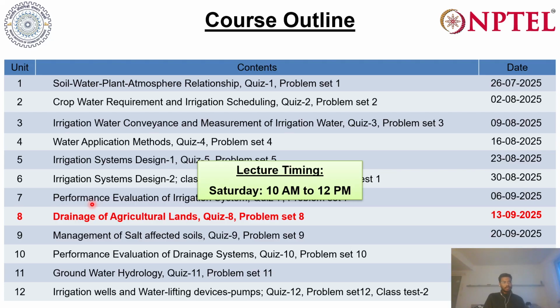First we talked about water quality aspects, how salt affected soils are harmful, and how waterlogged conditions create critical conditions for plant survival. All these problems lead us to a solution, that is drainage, which is an important aspect. So we have summarized this week in terms of drainage, and from next week we'll most probably focus in detail on drainage design, evaluation, and maintenance.